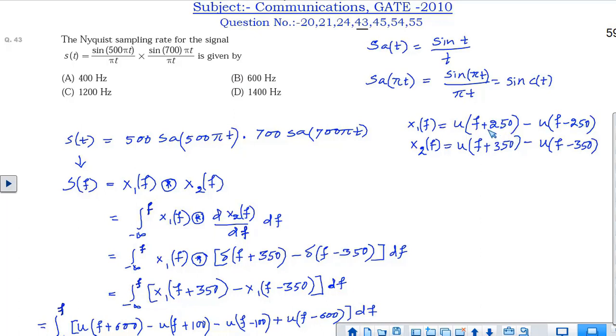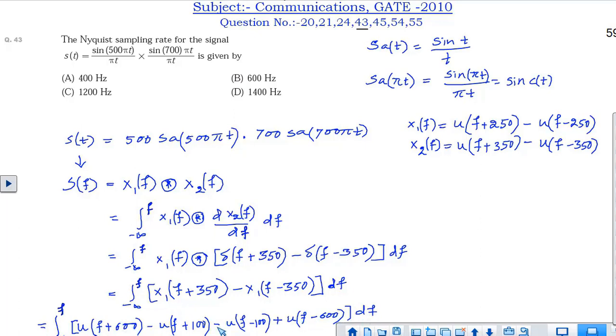If 350 is added here, it becomes f plus 600, so u(f+600) is there, and in the second part it will simply be minus u(f+100). Similarly, this part also, by putting f minus 350 in place of f, we can get this expression. So the total expression will be like this, and that will be integrated with respect to f.